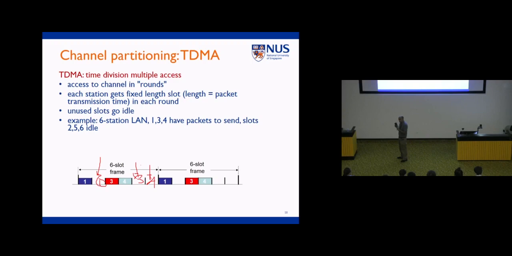When I will make a phone call, at that time the base station will allocate a time slot to me. And when I'm done, it knows I'm done, and it'll tell me, you don't get that slot anymore, and it will give that slot to somebody else. But there is a cellular base station out there, which is a central controller that's taking care of all of this. It's not a distributed protocol.